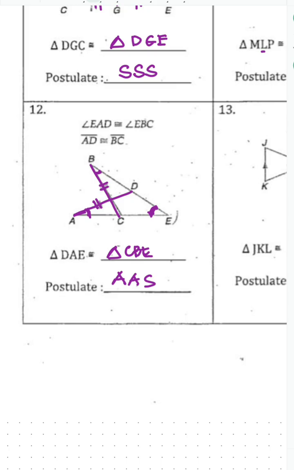CPCTC. What do you mean? Angle B and angle A? Oh no, it's already given. See? This one? Angle AED. Let me delete that. See, it's given here. Angle EAD, so it's indicated here.